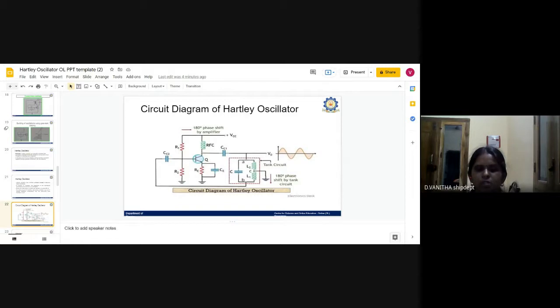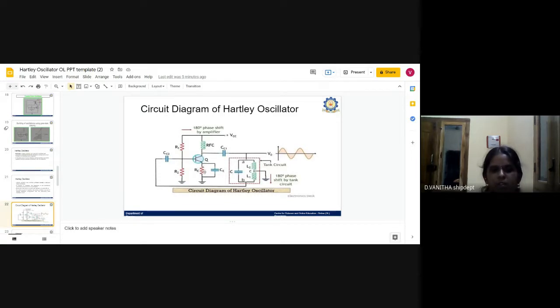The two inductances are connected serially with each other. Then the collector of the transistor is connected to the radio frequency choke and it is connected to a voltage power supply. And from this collector end, one capacitance is connected and the output signal is taken from here.